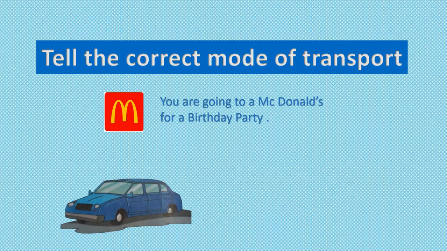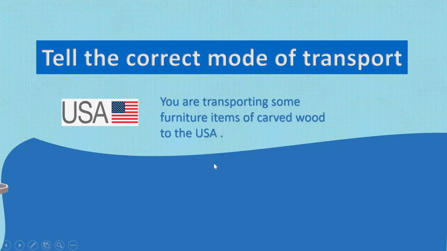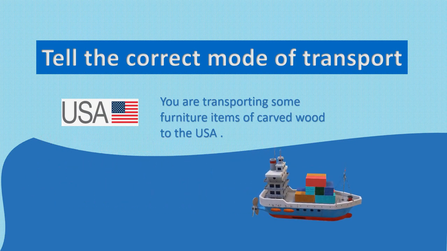I hope you enjoy eating burger buns and French fries over there. Yes, but these are not so good for your health. Occasionally, of course, you can have them. And if you are transporting some furniture items of carved wood to the USA, then which is the correct mode of transport? That is the ship.